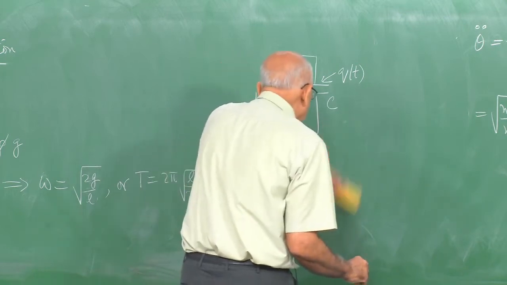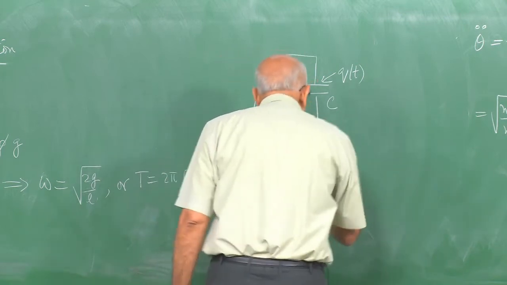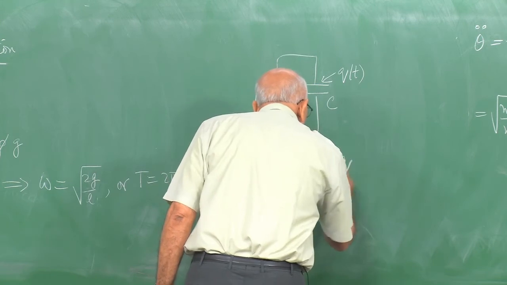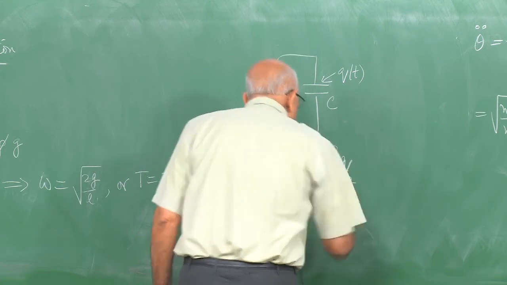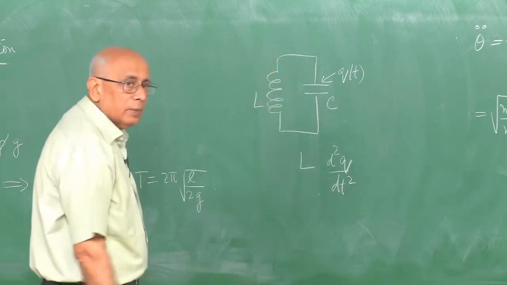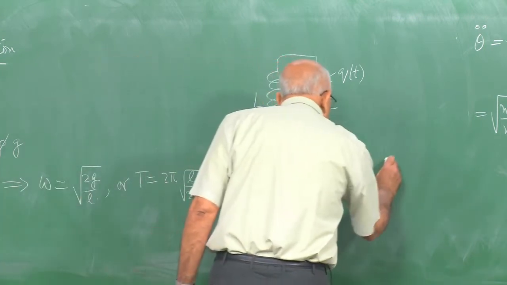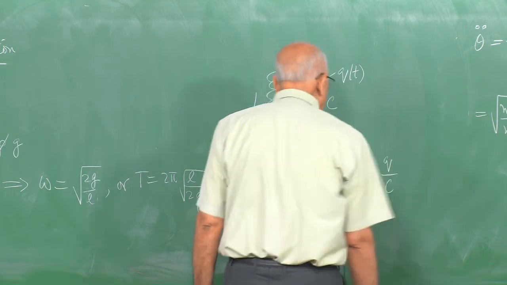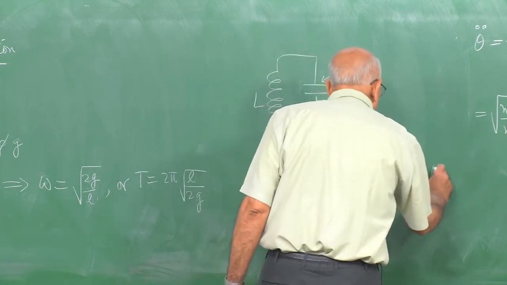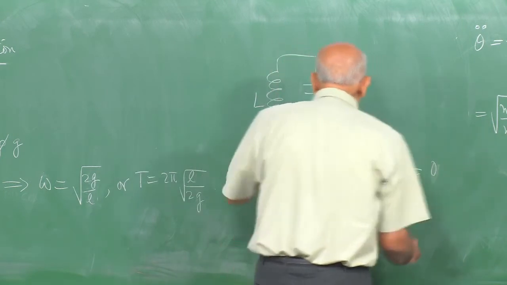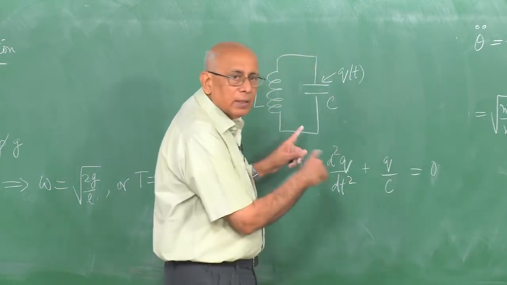Well, I should really write L times d2q over dt2, because it is the rate of change of the current or the flux that we are talking about. This plus q over C, that is the voltage across the capacitor, is equal to 0 when you have free oscillations without connecting it to an external source.